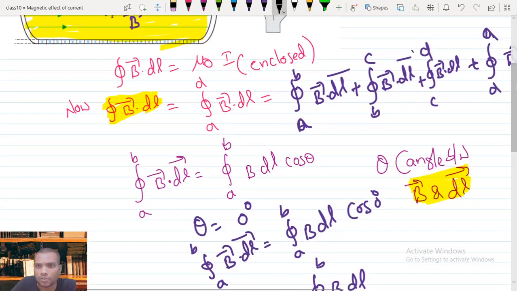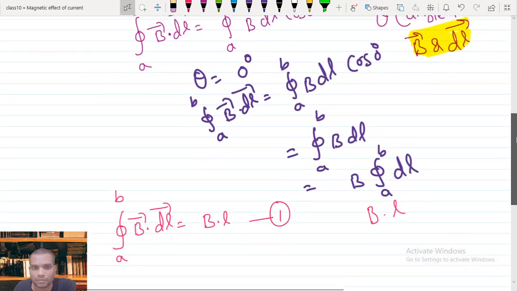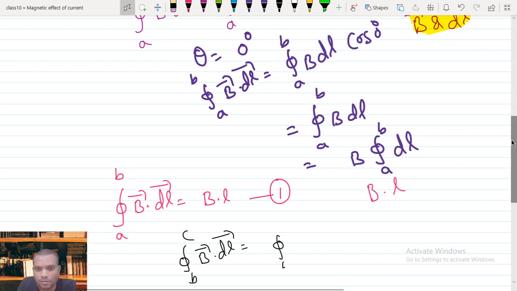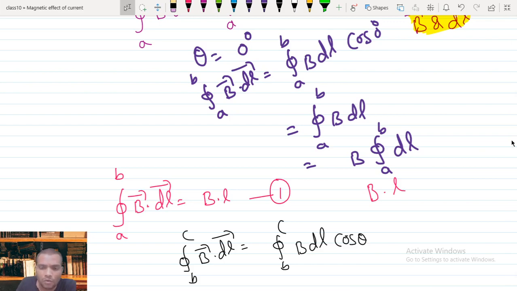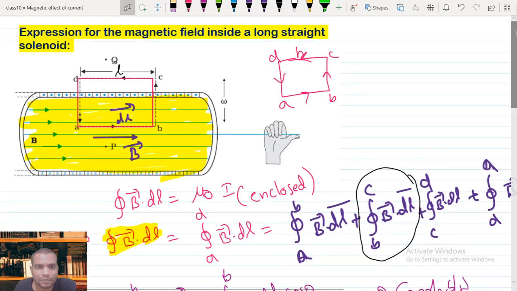Now I am going to find this part, the closed integral B to C. In this case closed integral B to C, B bar dot dl bar, how can I write that? Closed integral B to C, B dl cos theta. Now here we need to bother about the angle between B bar and dl bar in this particular segment.